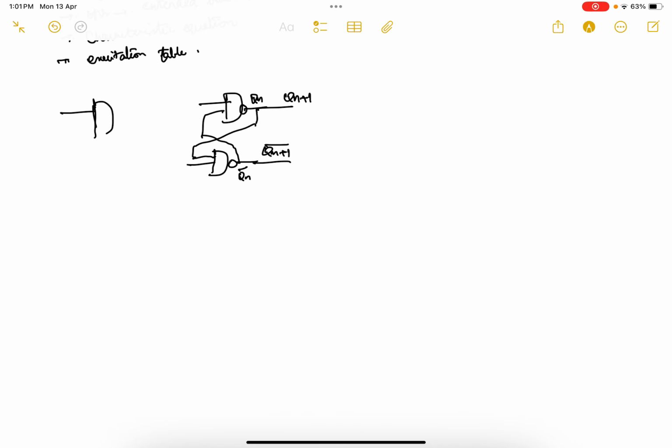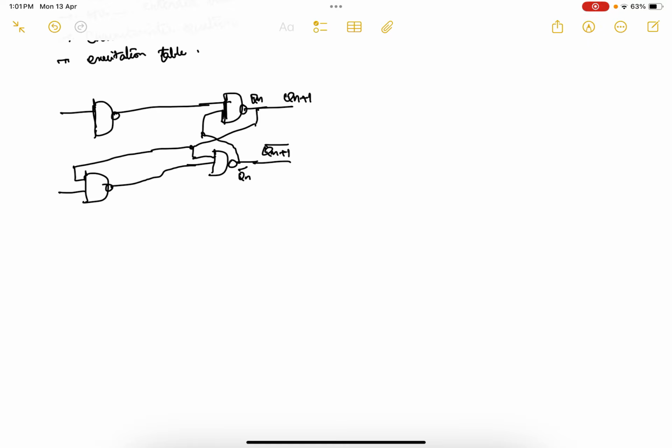And one more thing we are going to connect over here, and already we know that here it will be connected with one more NAND gate, and this output is going to come as the input for this.